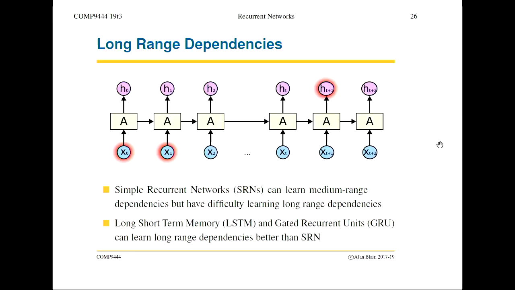Some languages have this distinction of masculine and feminine pronouns, and sometimes you have to remember from the beginning of the sentence or even the previous sentence whether the pronoun should be masculine or feminine, whether it should be singular or plural. It might make a big difference.